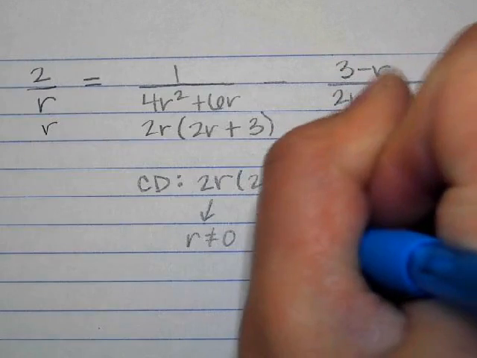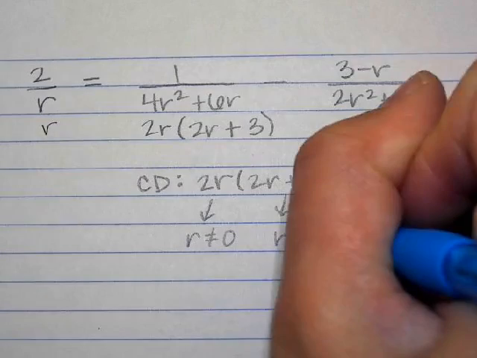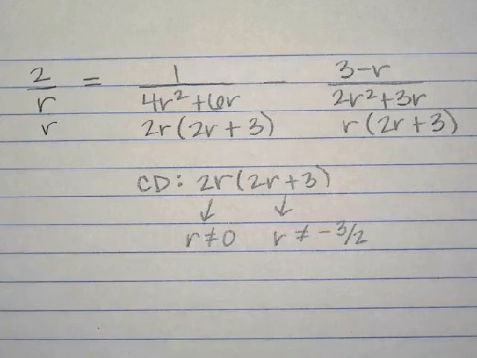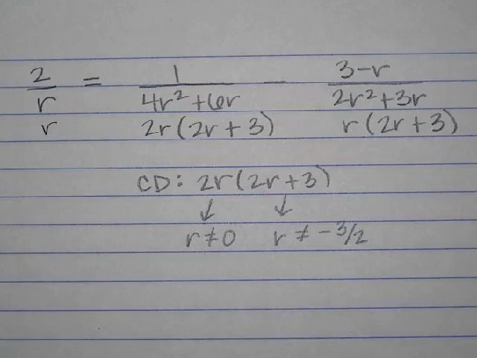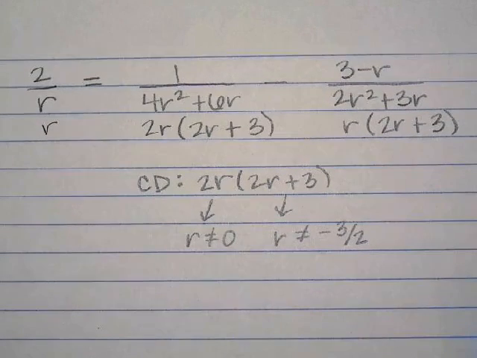R cannot equal negative 3/2. It was a typo. I know what you meant. Okay. All right. So now we're going to take the entire problem and we're going to multiply it by what?